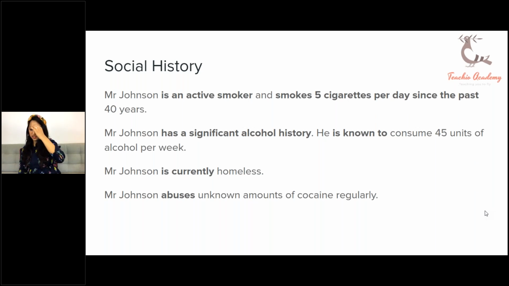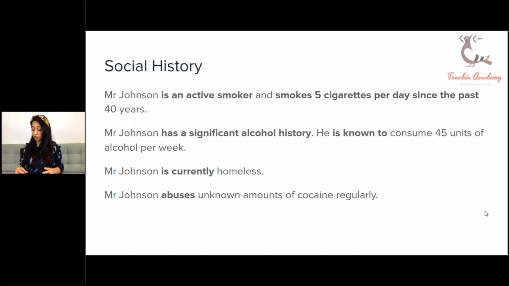Manpreet, you can write, I mean, it's a bit difficult whether you want to mention the brand. If they're talking about alcohol and they're talking a lot about alcohol, perhaps the reason why they're doing that is that OET wants you to cut out the irrelevant history. So if they've specified that the patient only drinks vodka, then you can say that Mr. Johnson has a significant alcohol history of mainly vodka.